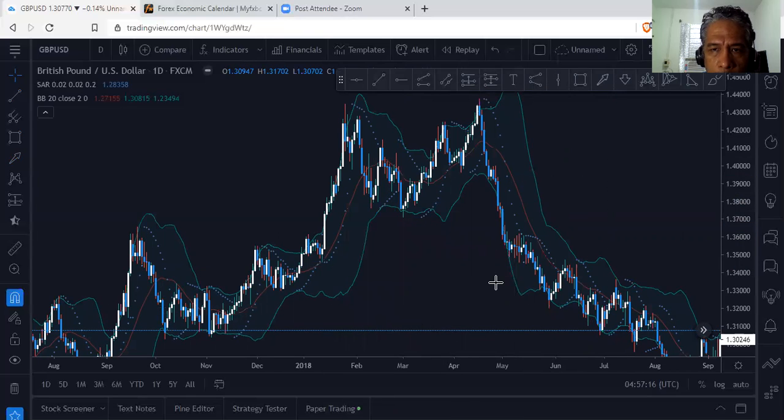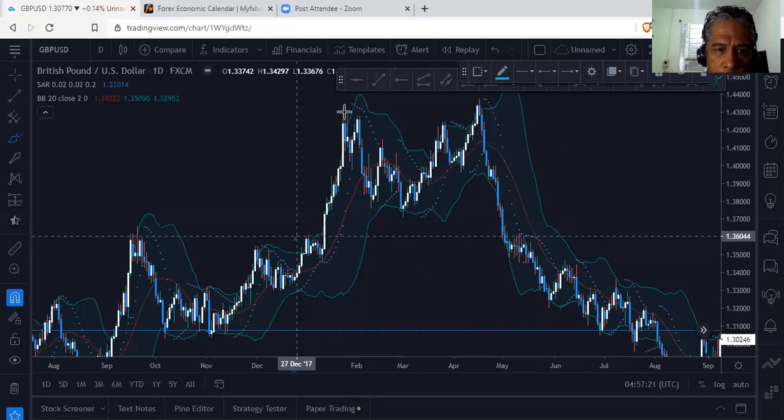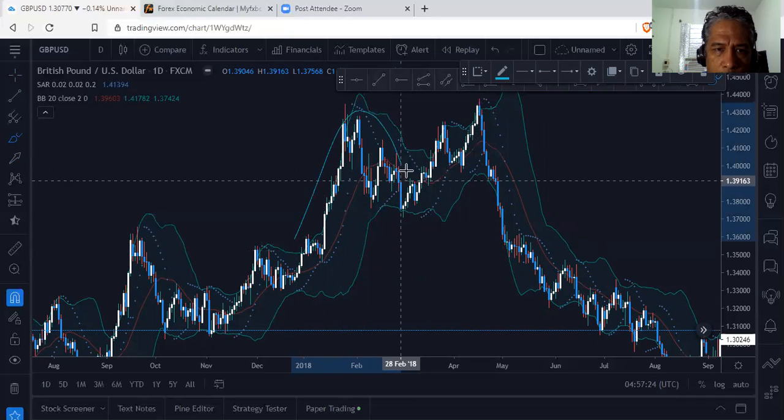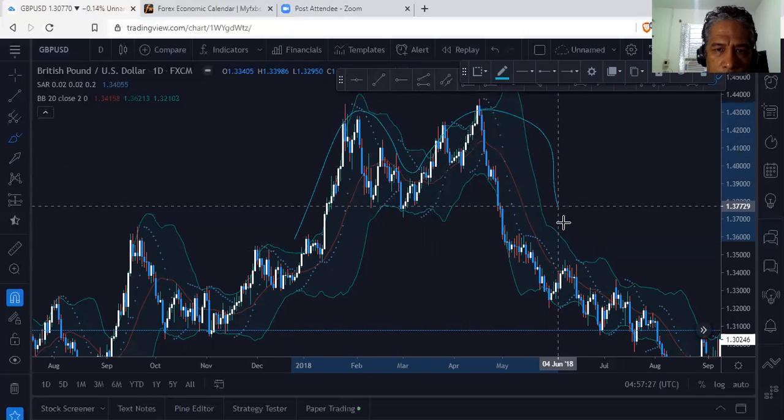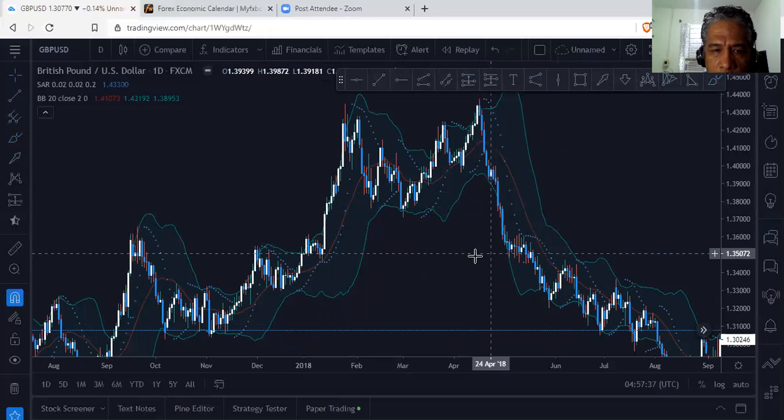Okay, this one. See that one? That's an M pattern. So it forms in many ways, but this is one of the variations. As we go and explore the market, we will see many M's.